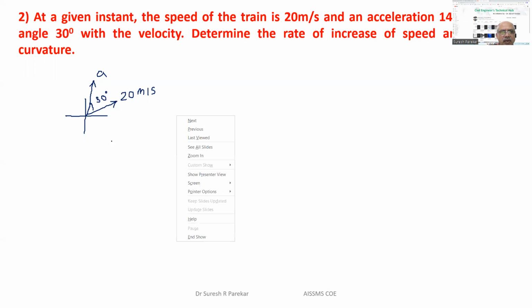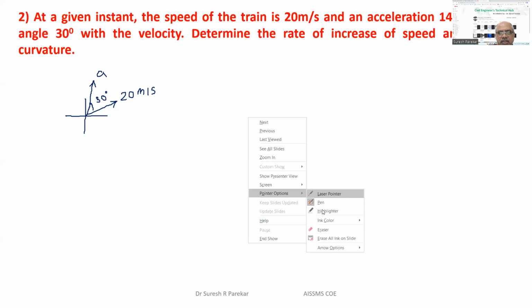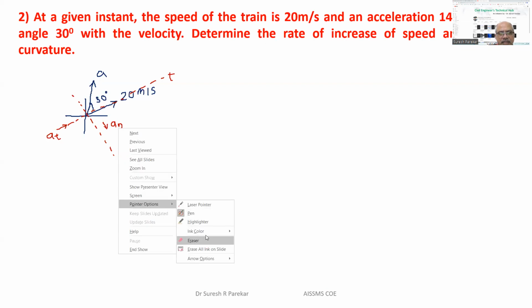So we know the direction of velocity is always the tangential direction. That is most important. So this will be the tangential direction, and perpendicular to this we always have the normal. So along this we have AT, and perpendicular to this we have AN. And now from this diagram you can see this.